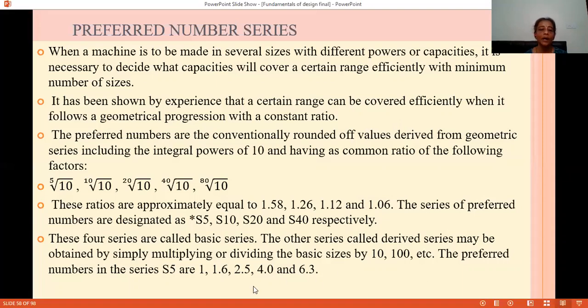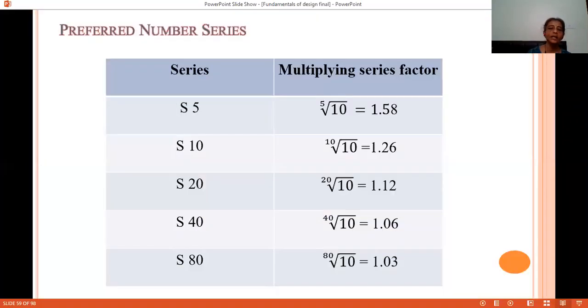Similarly, if we again multiply it by the certain value, it will give us the next value. So these are all the multiplication factors. If we are using the S5 series, you can see the multiplication factor is higher. So our steps are bigger, but the number of varieties is less.